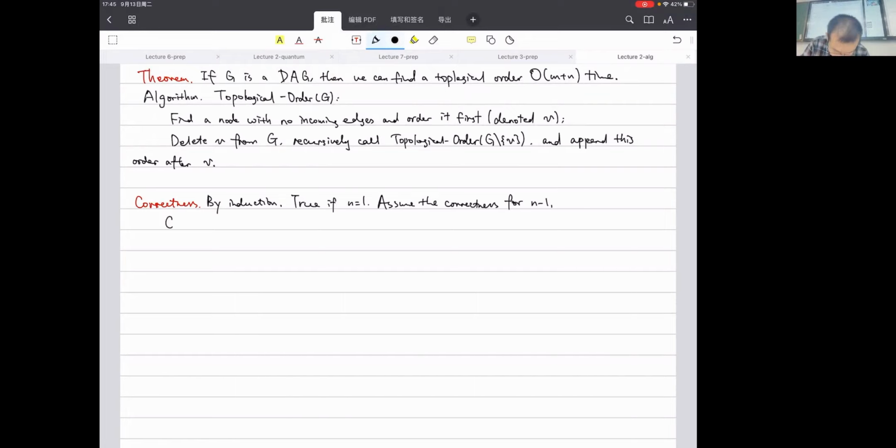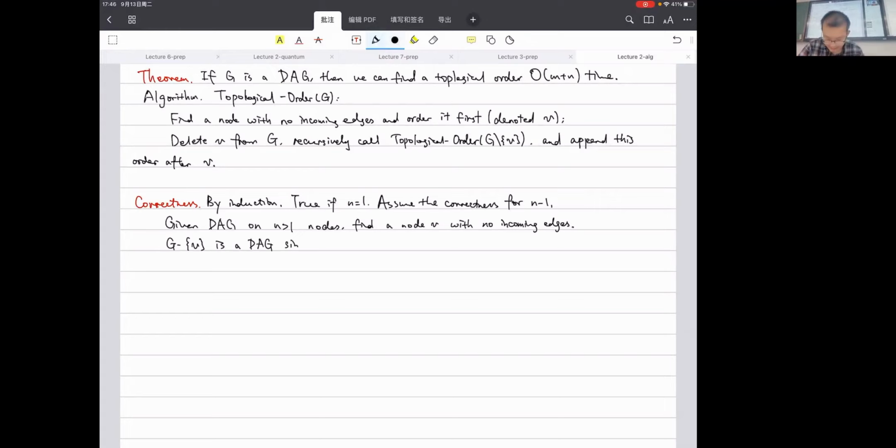This basically is saying that given a DAG on n nodes, with n larger than 1, find a node v with no incoming edges. Here we notice that G minus v is a DAG.